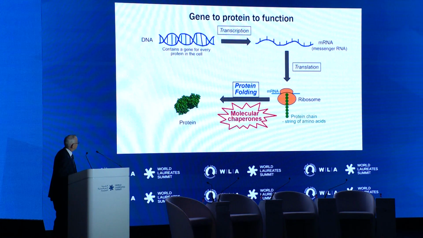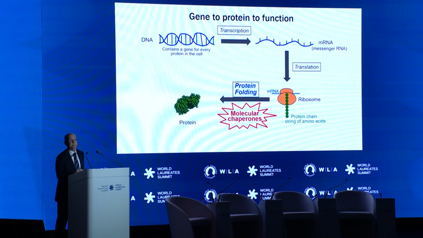Initially, this process was thought to be a spontaneous reaction, not requiring any further machinery, but we now understand that molecular chaperones are required by many proteins in order to fold efficiently, and many proteins, in fact, critical proteins like actin, tubulin, require this machinery to fold at all.